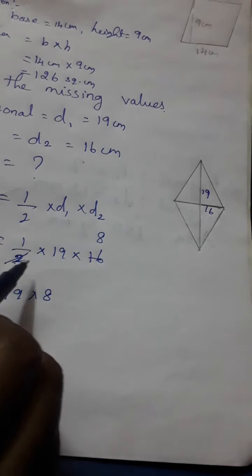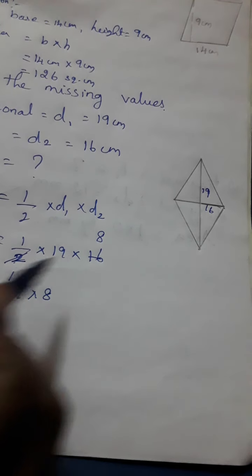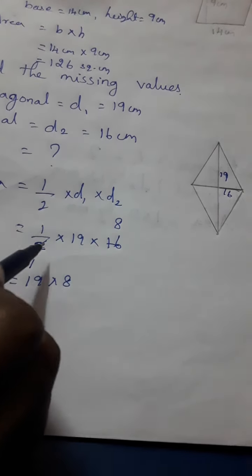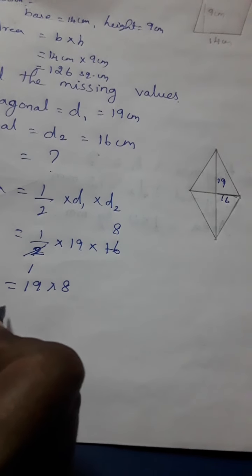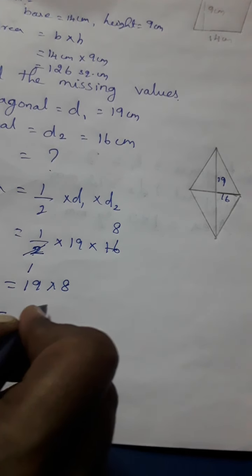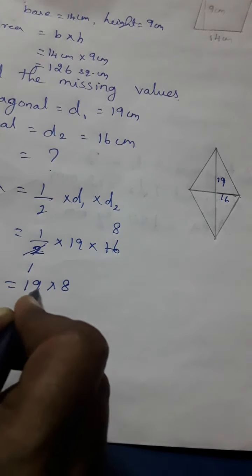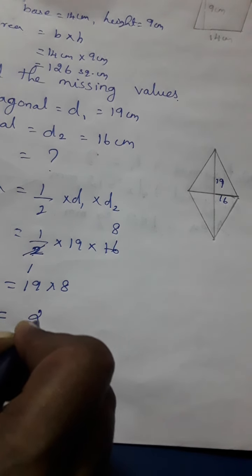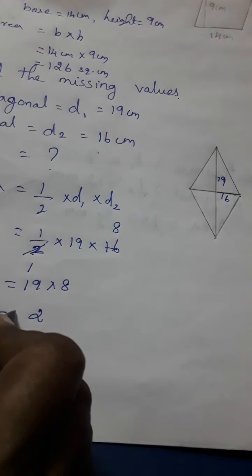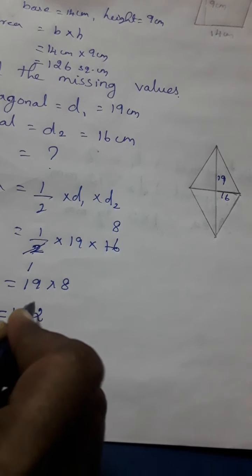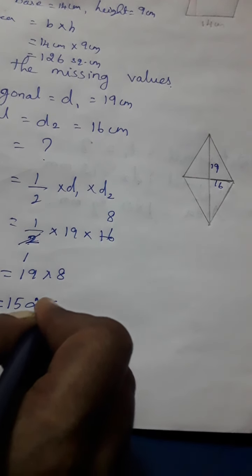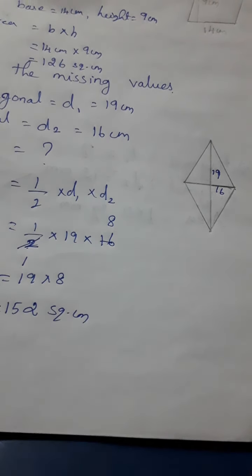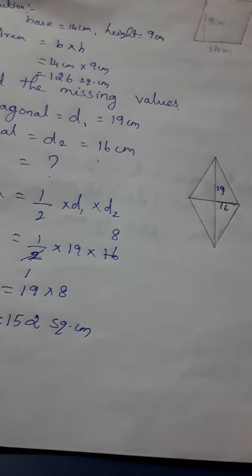So first you cancel by 2 and then multiply. 9 8s are 72, remainder 7, 152. Yes, 15. So the area is 152 square centimeter.